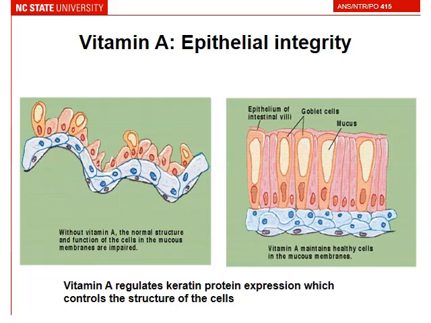So usually your skin is going to be more flaky, etc. And then we'll also have our cells within our epithelium become squamous as opposed to being nice columnar cells. And this is all through regulating the keratin protein expression within the cells.